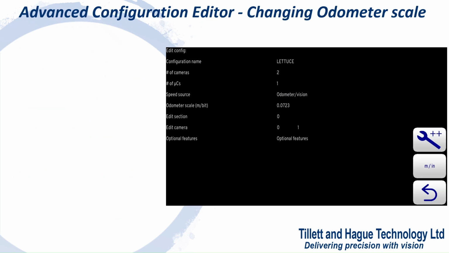Staying on the first page, let's look at odometer scale. For newer versions of software, this value can be accessed via the standard configuration editor, but for older software versions, it is part of the advanced configuration editor. It is the distance travelled between pulses from your distance measuring device. It has the units of meters per bit or inches per bit when in imperial.